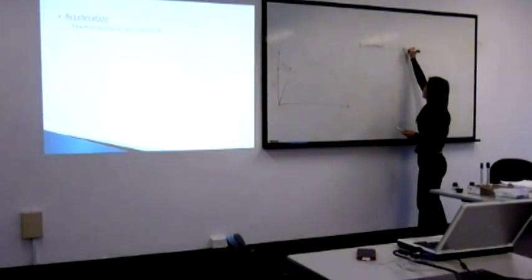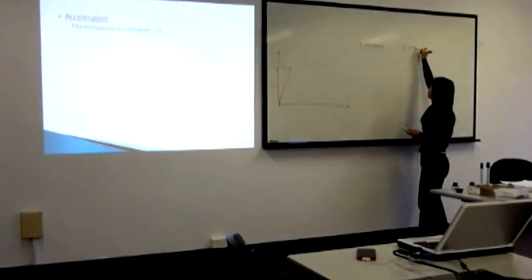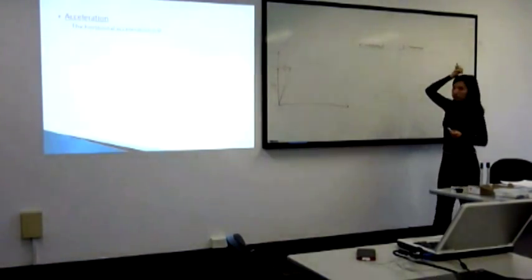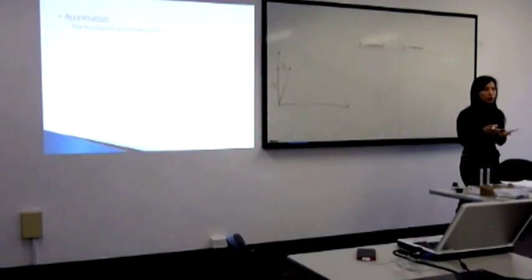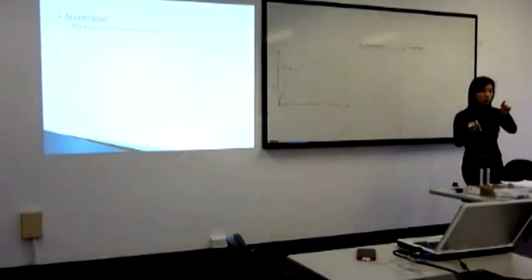When you say x component and y component, is the equation always in terms of v? No, we're going to look at three different equations. The acceleration in terms of the x component, the velocity in terms of the x component, and the displacement in terms of the x component. And then we look at the y one: the acceleration in terms of the y component, the velocity, and then the displacement in terms of the y component.